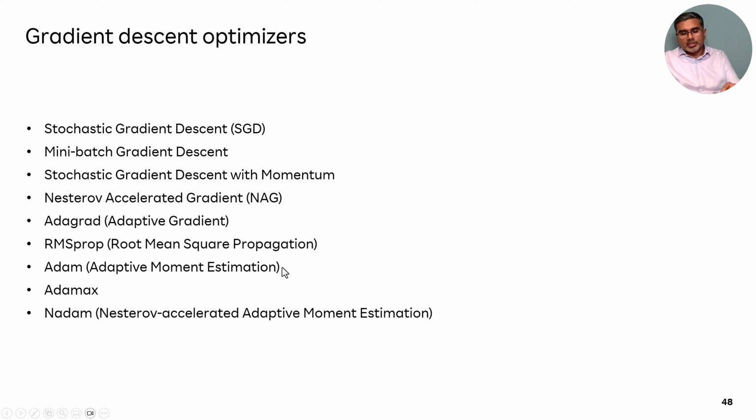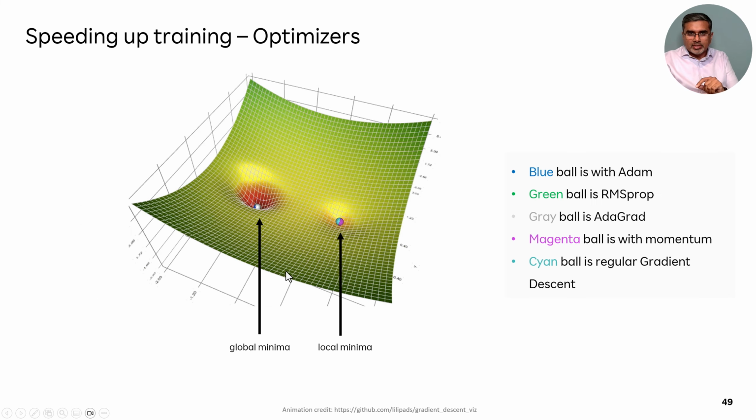I've actually used this in episode 2 while I was walking you through the different use cases of binary classification and so on. But let's see a quick demo of this. All these balls start at similar points. The blue ball is with Adam. You see that it goes down very quickly to the global minima. The green ball is with another type of optimizer called RMSprop.